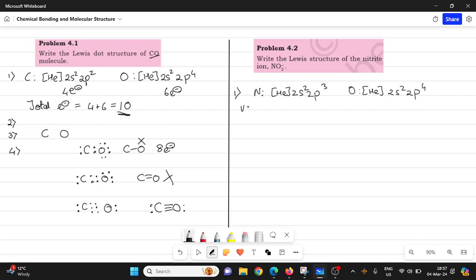So the total number of valence electrons will be equal to, for nitrogen, it's 5. For oxygen, it's 6. So 6 plus 5. Honestly, we should have multiplied the 6 with 2, because you have 2 oxygens.